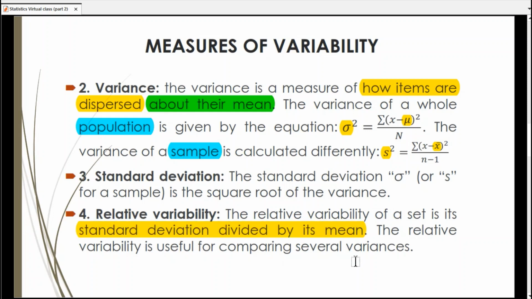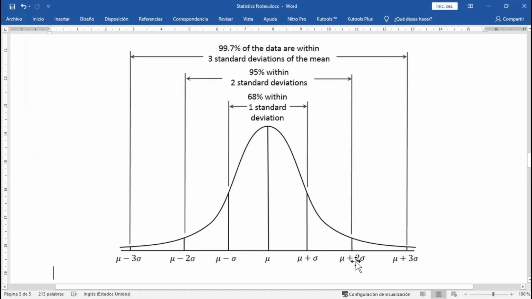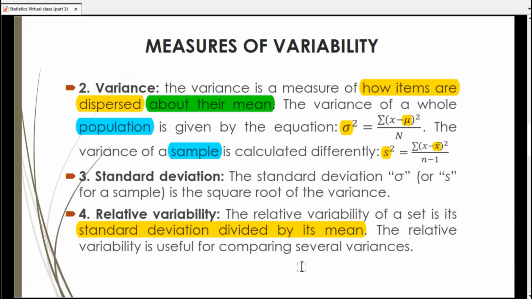That means that, remember, it is better if our standard deviation is as small as possible. Look, if it is as small as possible, we are going to get more concentrated data, right? If we have a big one, the data is going to be more dispersed, right? That's like the situation here.